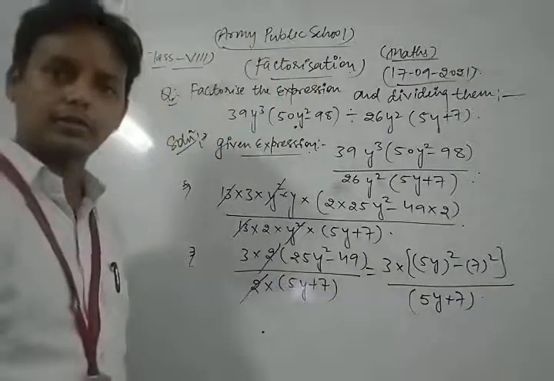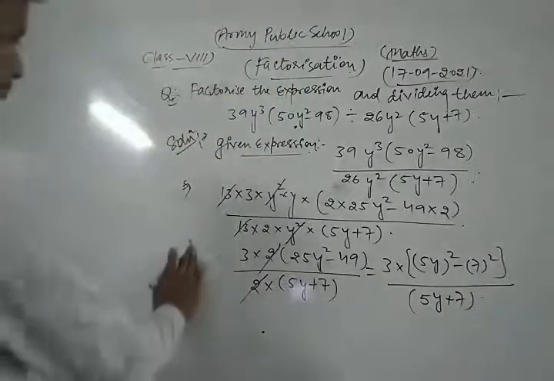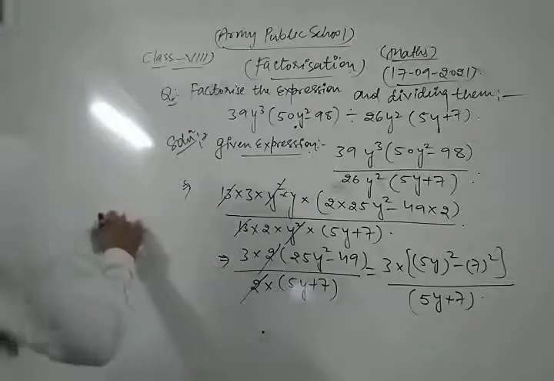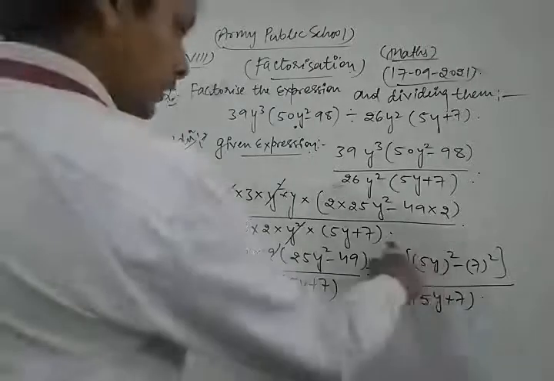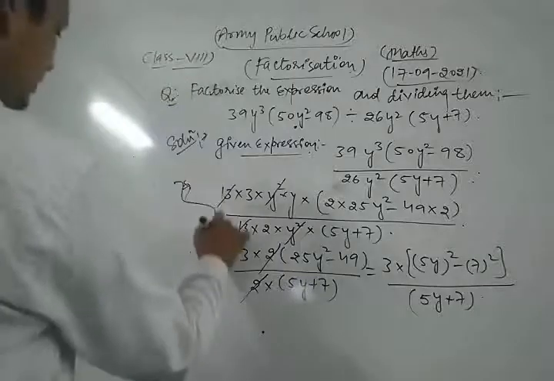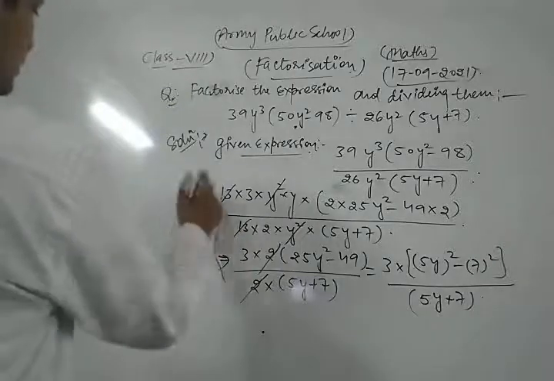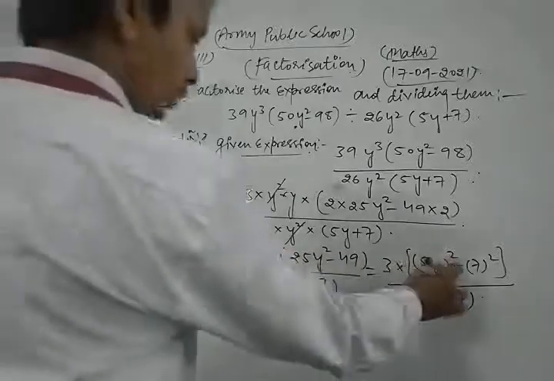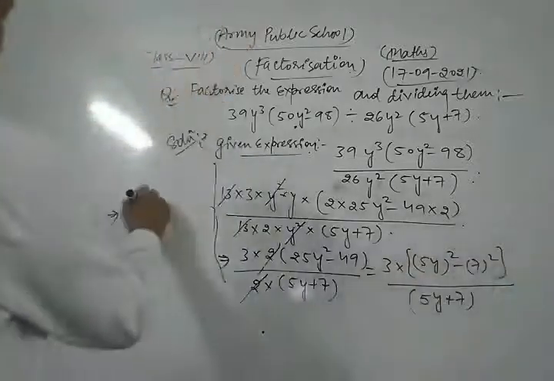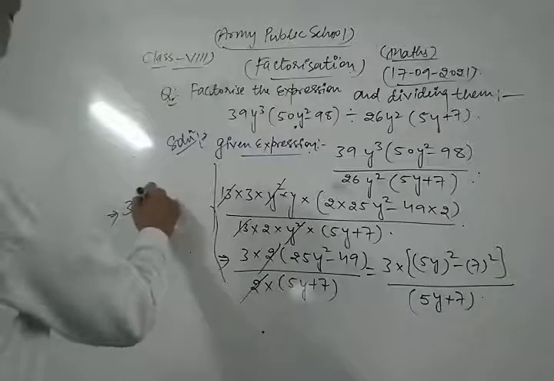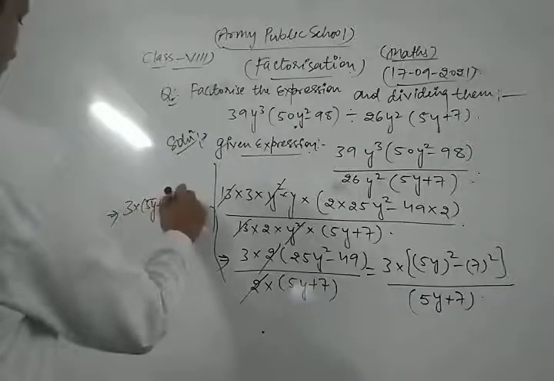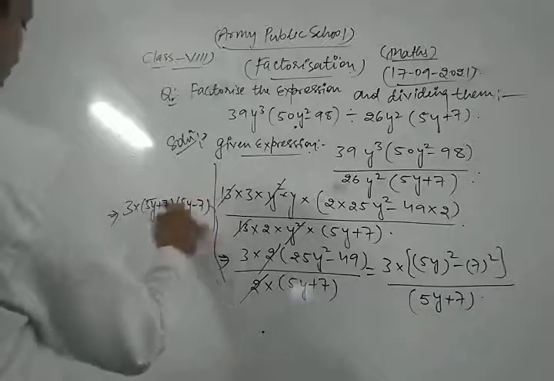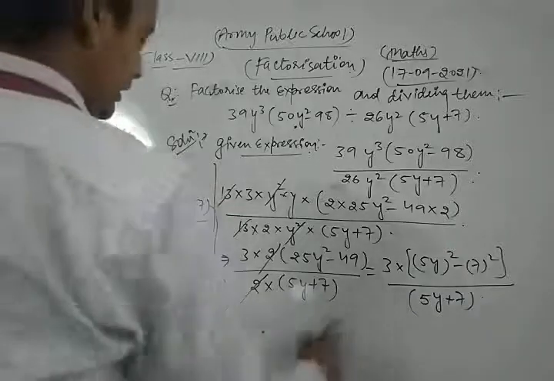Now this is the form of a square minus b square, which we can write as a plus b into a minus b, upon 5y plus 7 in the denominator.